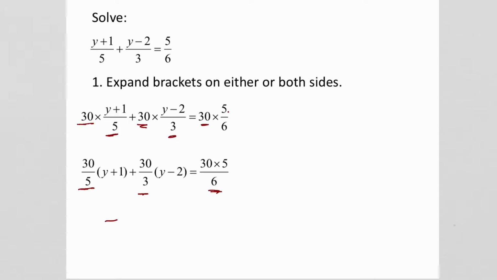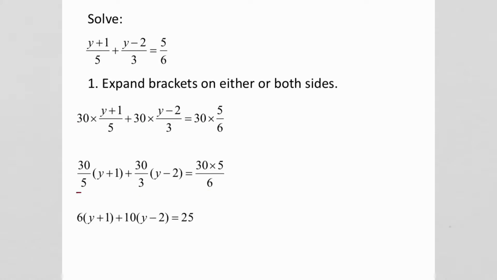Simplifying this out, 30 divided by 5 is 6, 30 divided by 3 is 10, and 30 times 5 divided by 6 gives us 25. So now we've got the form where we can start solving for our unknown value, y.